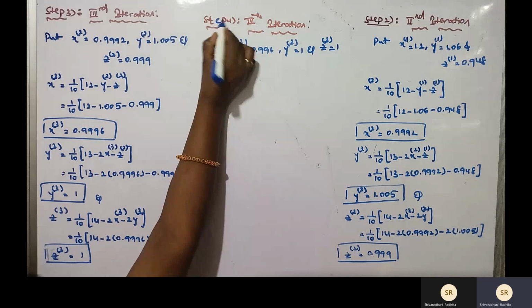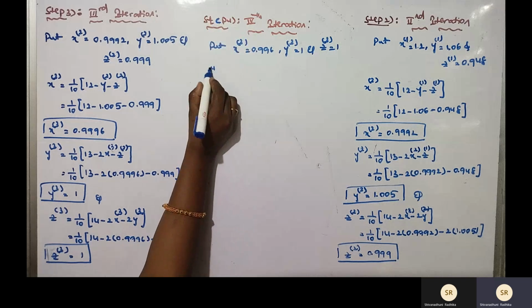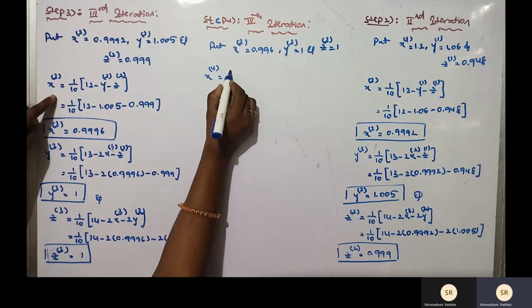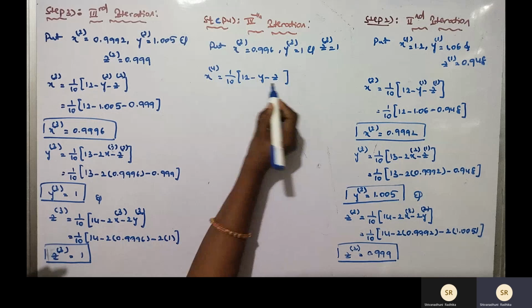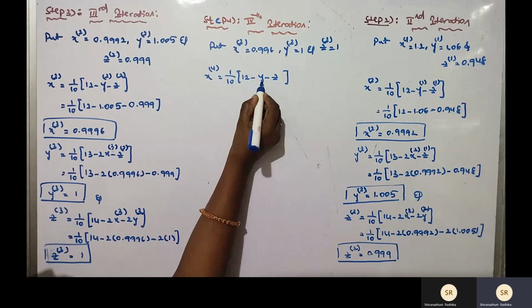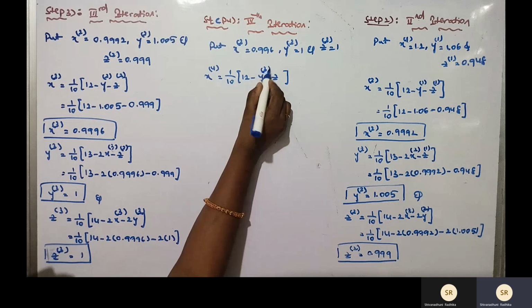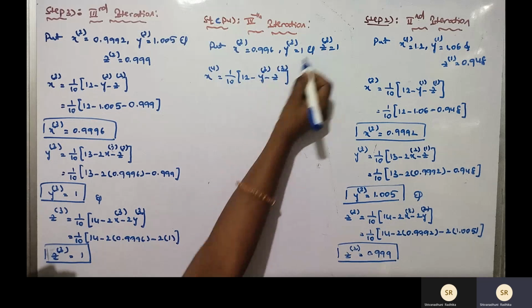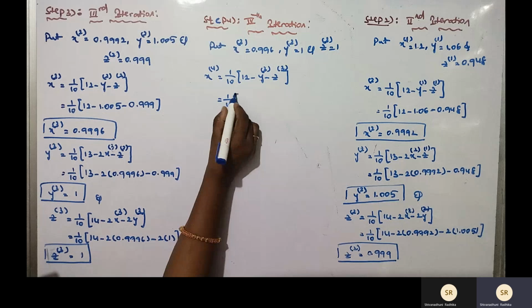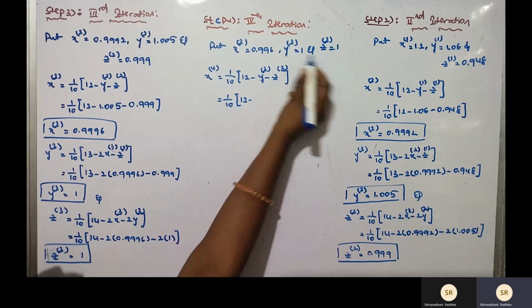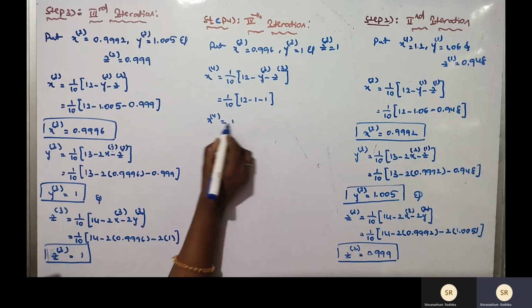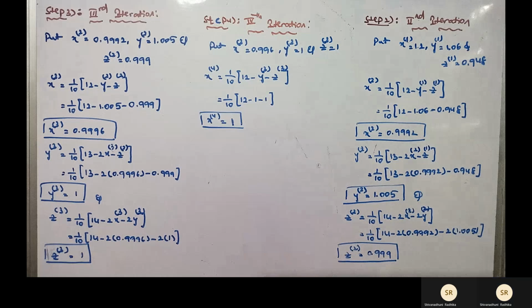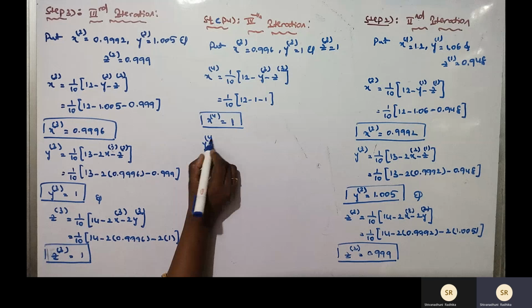Here the fourth step values are: x fourth approximation goes to 1 by 10 into 12 minus y minus z. Now substituting the RHS approximation: for the y, last approximation is the 3. For the z, last approximation is the 3. So 1 by 10 into 12 minus y and z values are 1. Okay. Now by using the calculator, I am getting x fourth approximation is the 1. Now find out y fourth approximation.